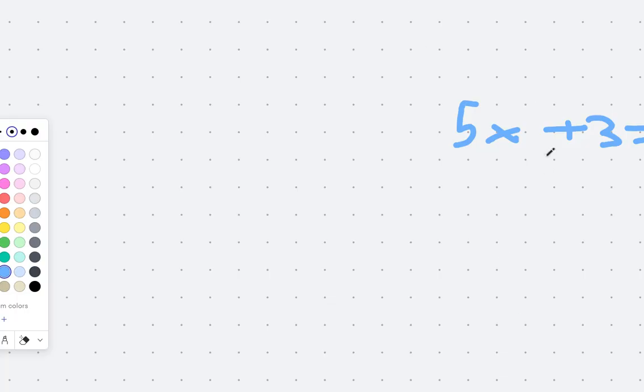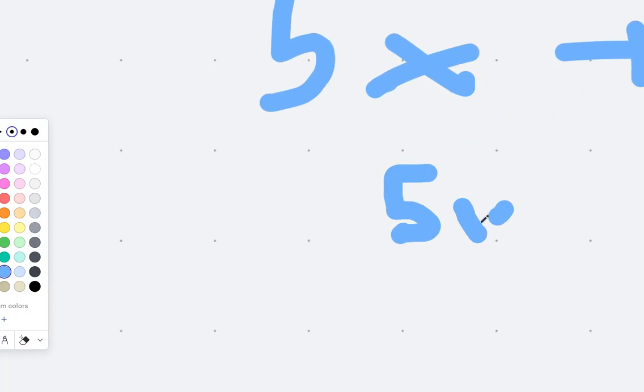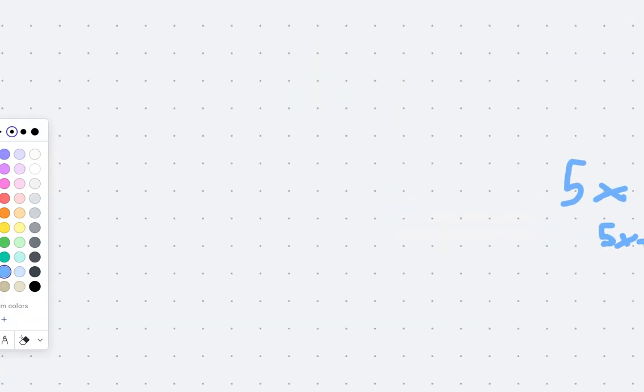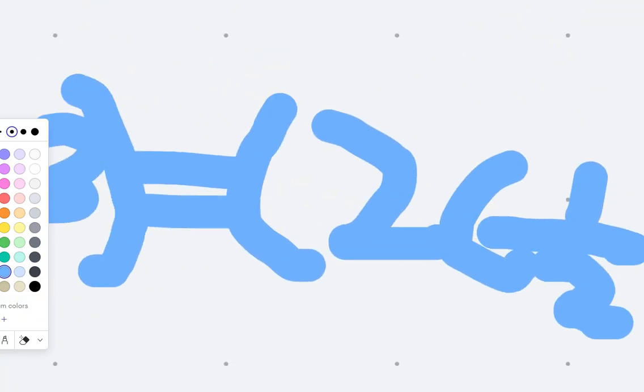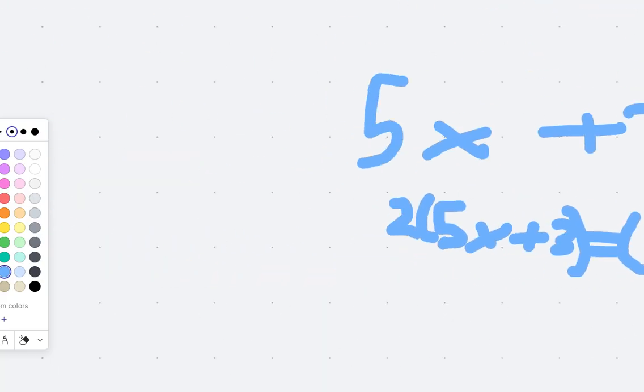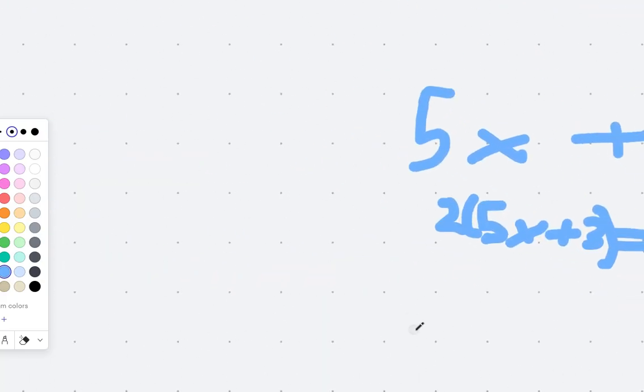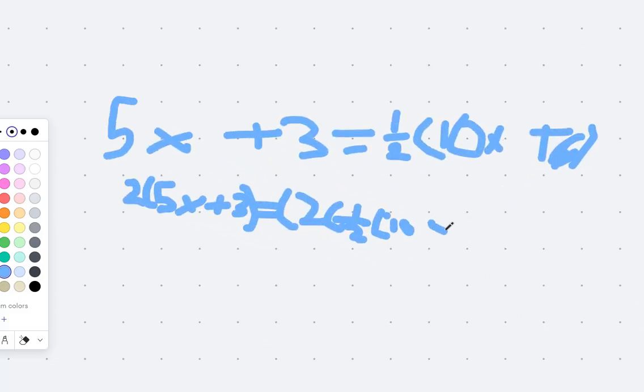Okay, so we'll get 5x plus 3 is equal to, since this is multiplied by 1/2, we'll multiply by 2 to 1/2. And we have to also multiply by 2 here, and it's 10x plus 6.